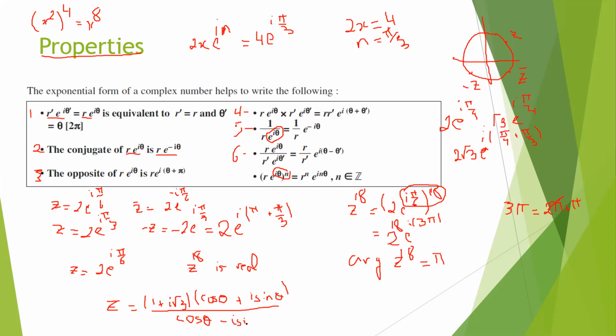The question is: write this complex number in the exponential form. How do we write this complex number in the exponential form? Can you tell us how to solve it?